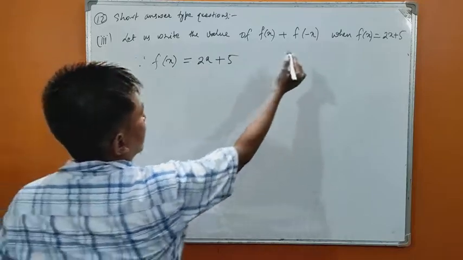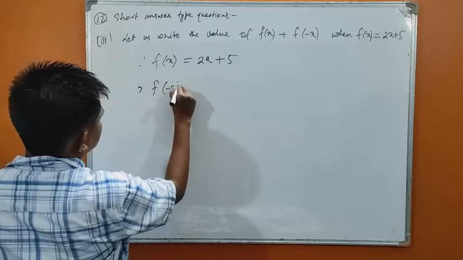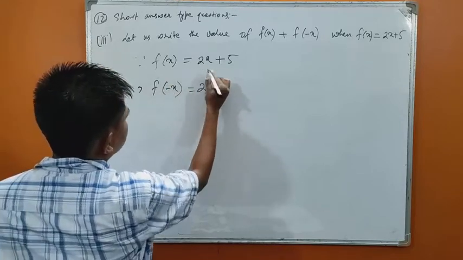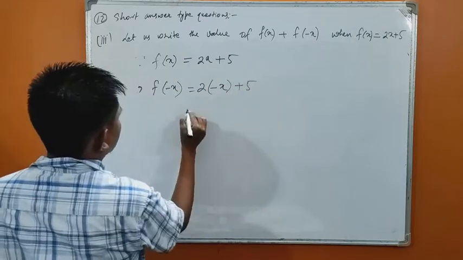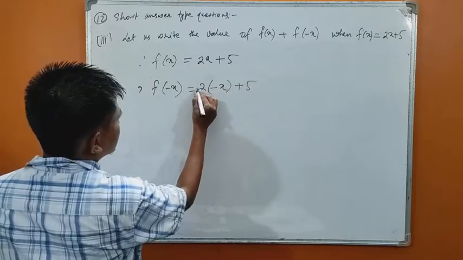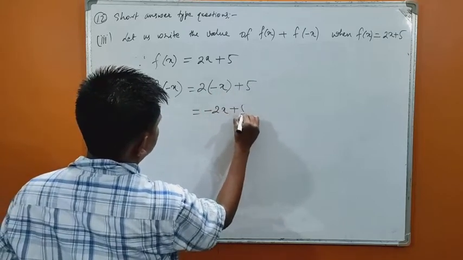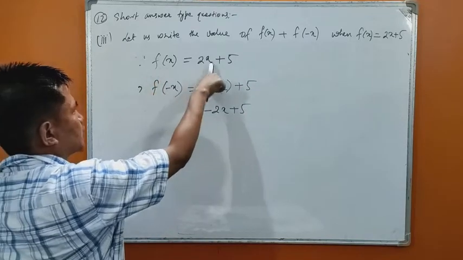Now let us find f(minus x): instead of x we write minus x. 2 into minus x plus 5 equals, plus into minus is minus, minus 2x plus 5. So we have f(minus x) and f(x).